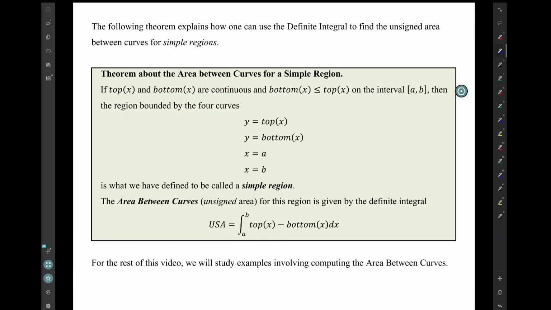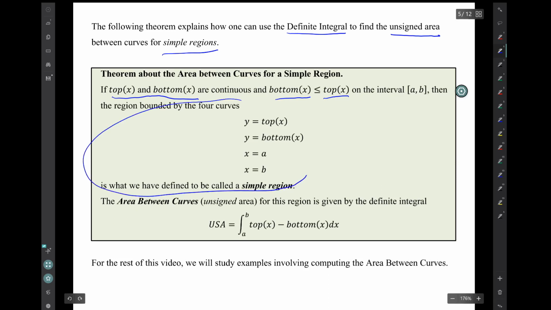This theorem explains how one can use the definite integral, which remember is about signed area, to find the unsigned area between curves for simple regions. And it goes like this. If top and bottom are continuous functions and bottom of x is less than or equal to top of x on that whole interval a, b, then that region bounded by those four curves is what we call a simple region.